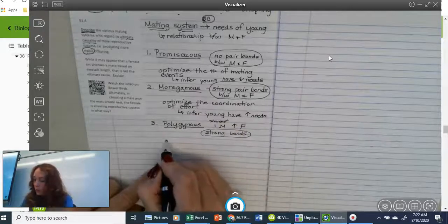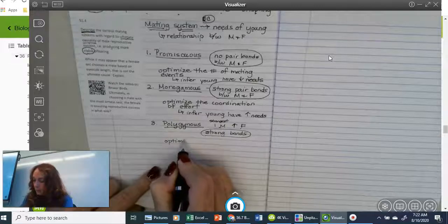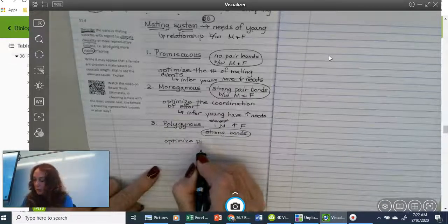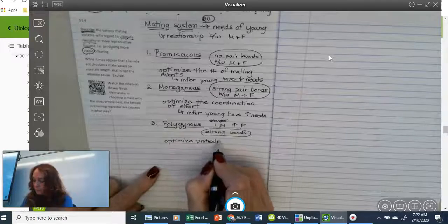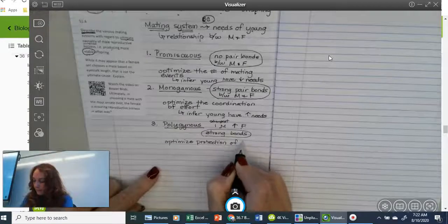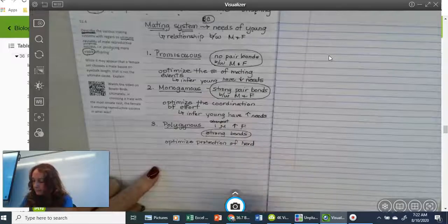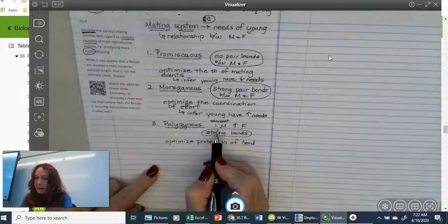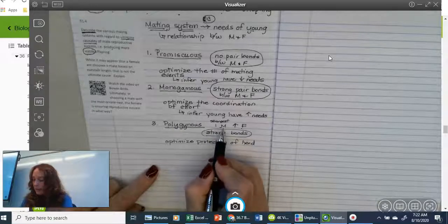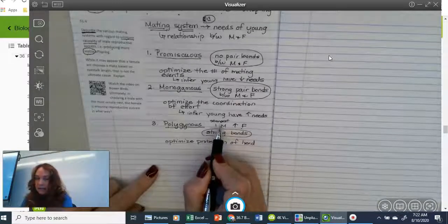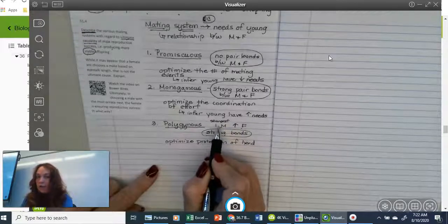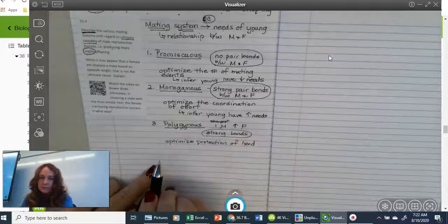So what are you optimizing here? You're going to optimize protection of the herd. That's one thing. But if you think about it, as long as he can fight and he's able to win this position, genetically, he's the most fit.